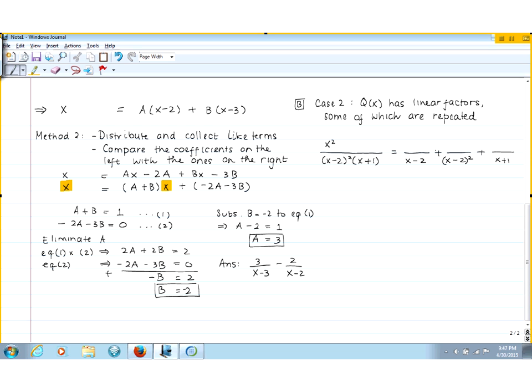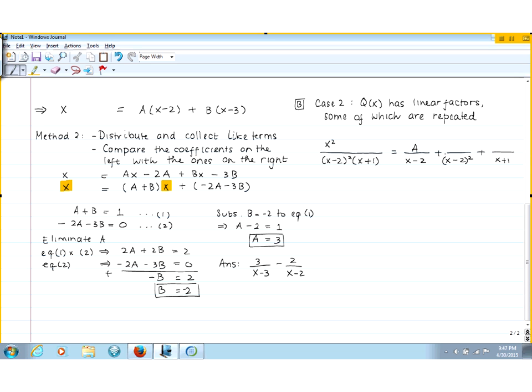If this were x minus 2 cubed, then you have to have x minus 2, x minus 2 squared, and x minus 2 cubed. We will repeat it 3 times.